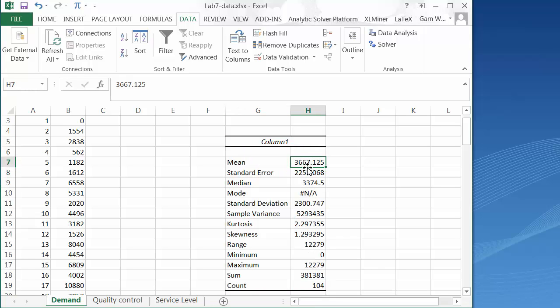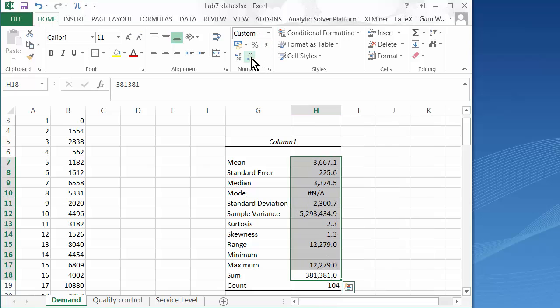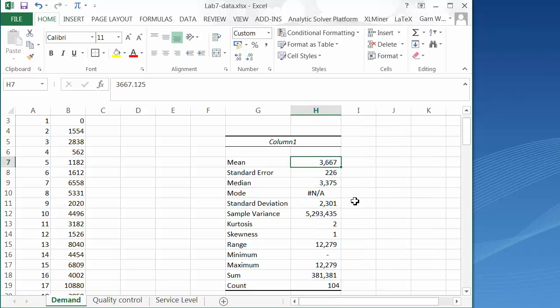Let's just reformat these values quickly. Here we go. So on average there is a demand of 3,667 units and it varies with 2,300.